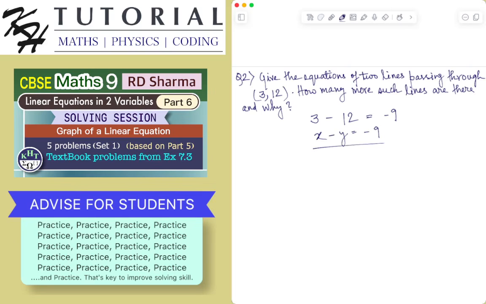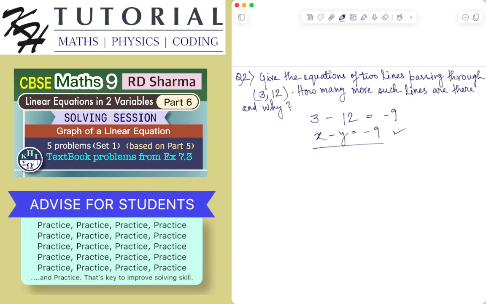Clearly this equation will have a root (3, 12), which means the root (3, 12) considered as an ordered pair will be a point that lies on the graph of this equation x minus y is equal to minus 9.